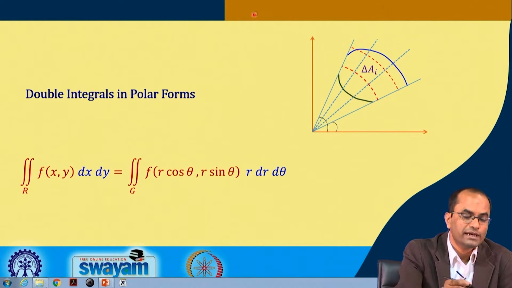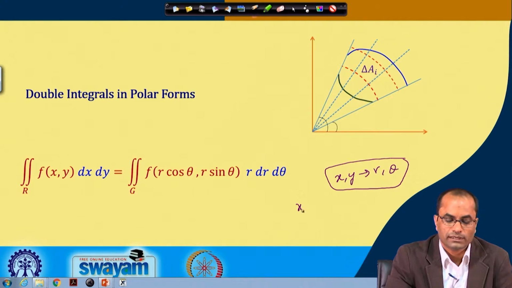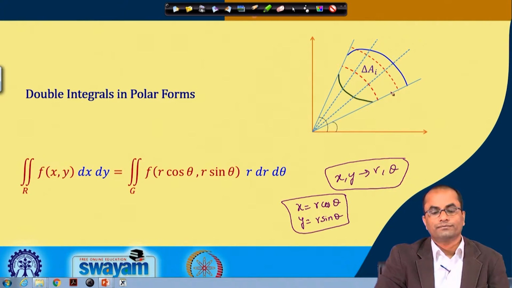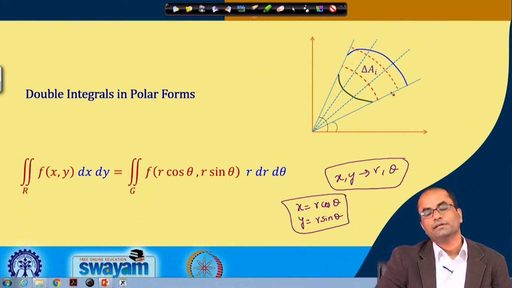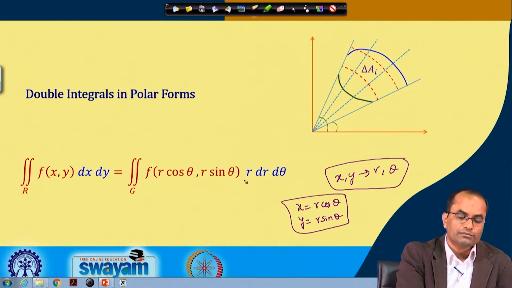So, here also we have done the substitution from x y to the r theta coordinates by this relation, that x was r cos theta and y was r sin theta. So, this was also substitution, but directly with the help of the fundamental definition, we have seen how this r is coming to the picture.